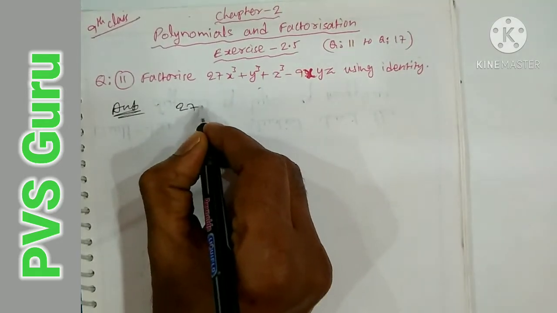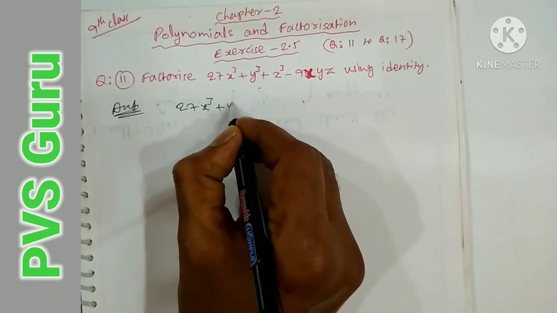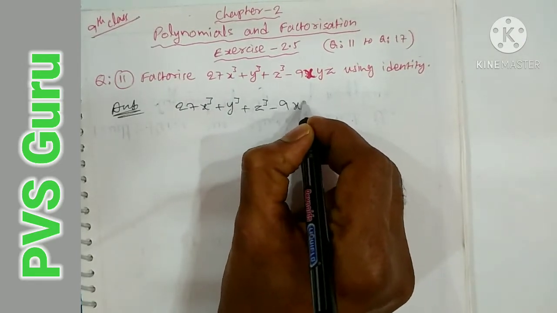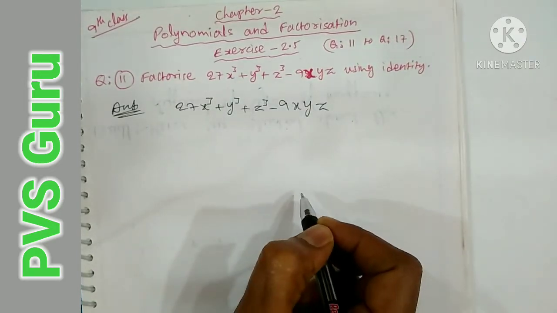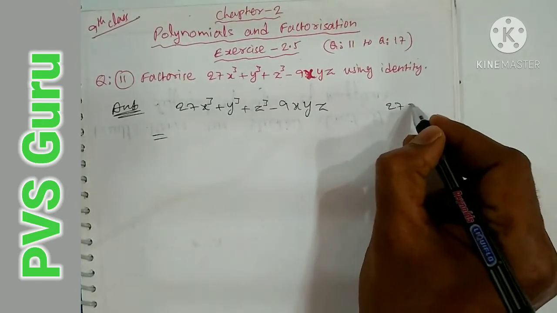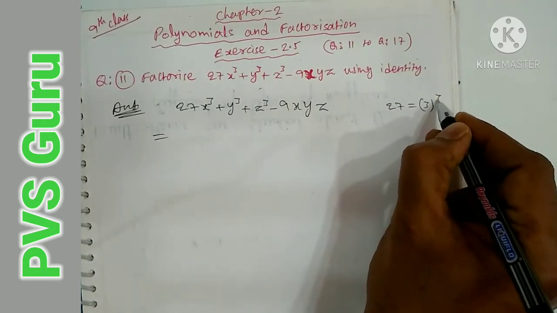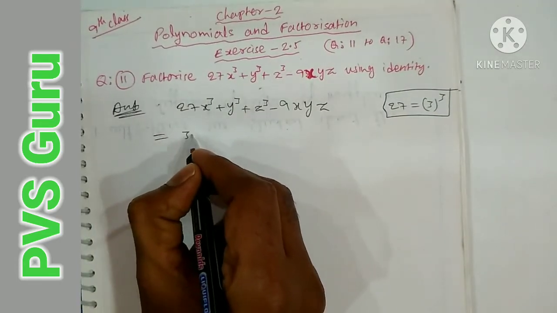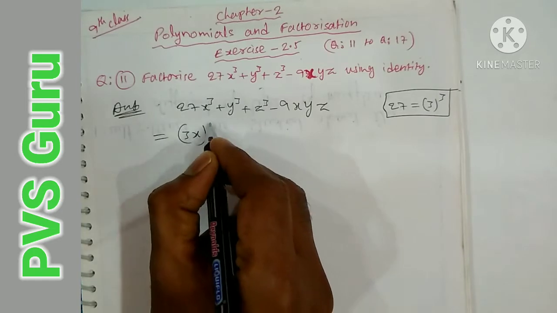The given value is 27x cube plus y cube plus z cube minus 9xyz. Here 27 is equal to 3 power 3, so you write 3x power 3.